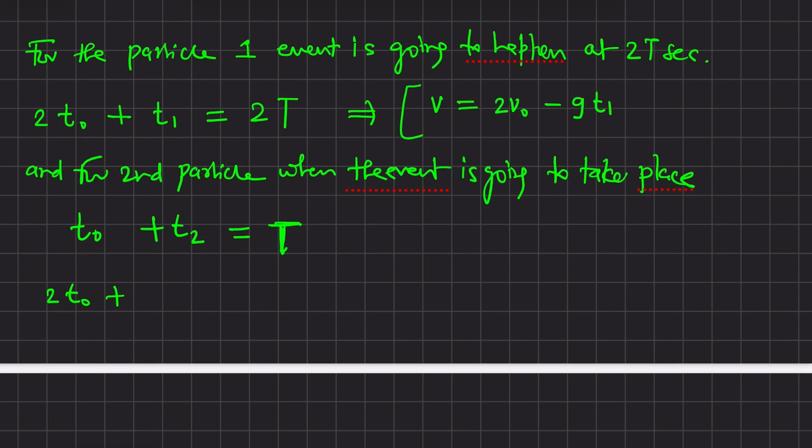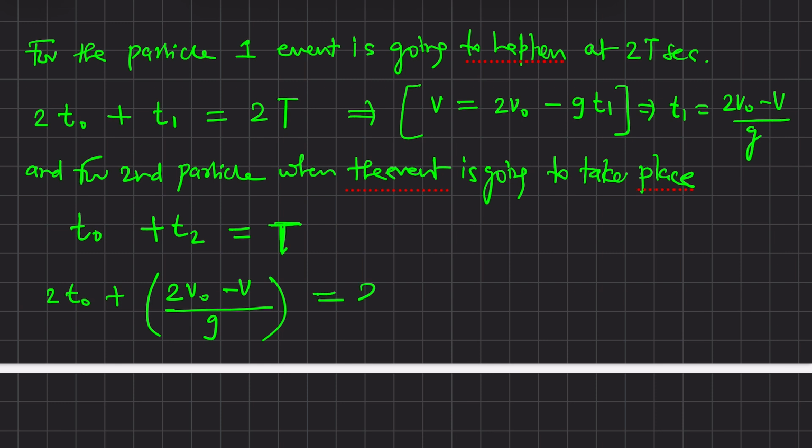So it will be v minus 2v naught divided by minus g. So we can write t1 is equal to 2v naught minus v divided by g. Let me put this value here. So 2v naught minus v divided by g is equal to 2t.